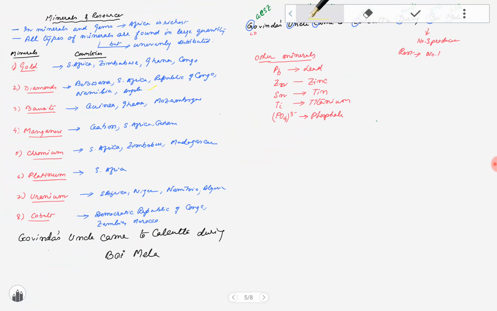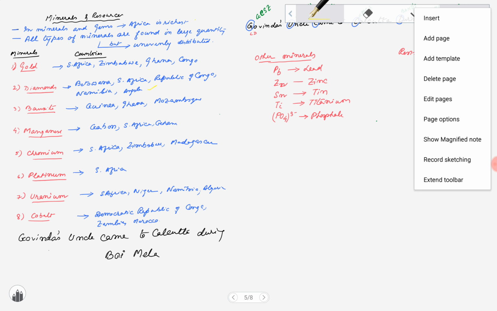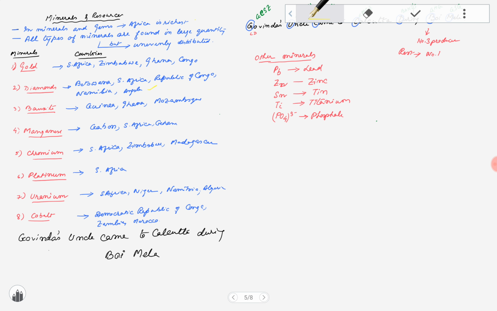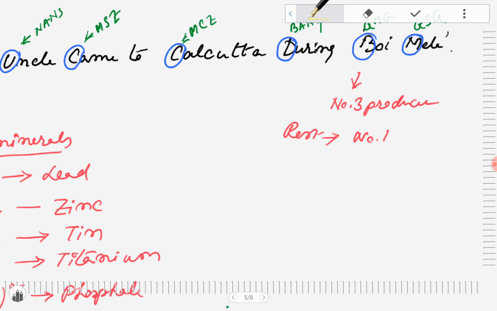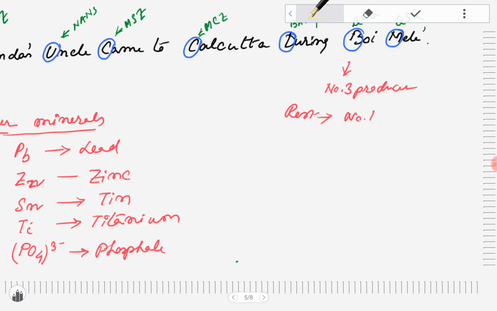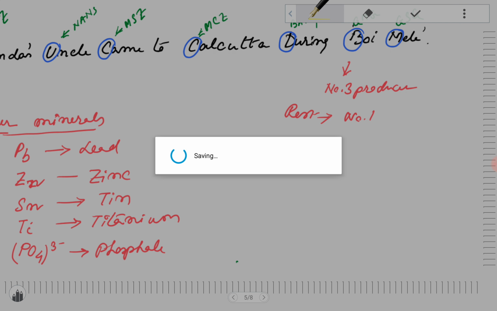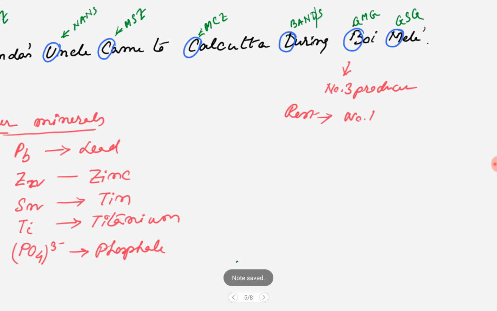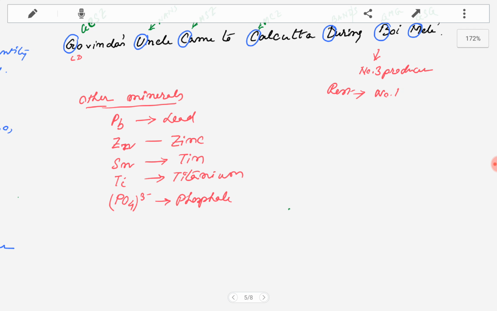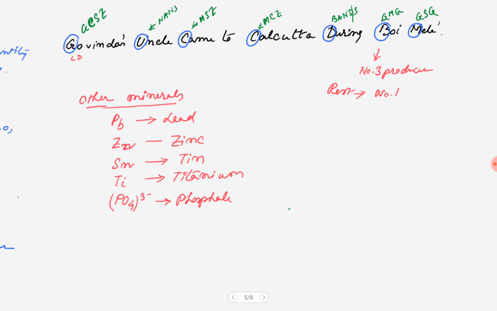So there is a rule by which you will be able to remember. Govindo's uncle came to Calcutta during Boimela.